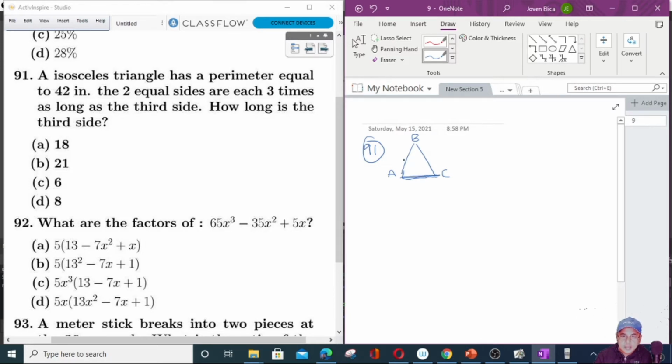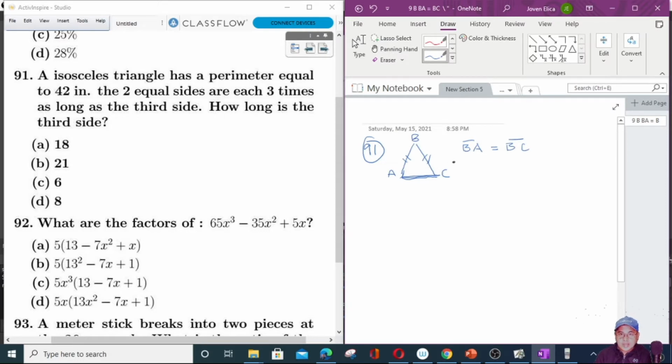I will take these two sides as the two congruent sides. So segment BA is equal to segment BC. This is the first property of an isosceles triangle. The two sides are equal.